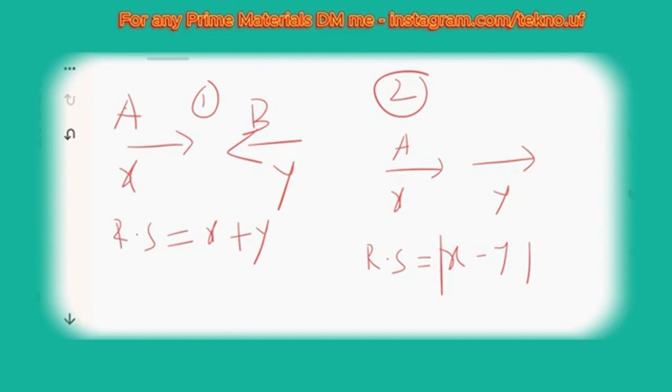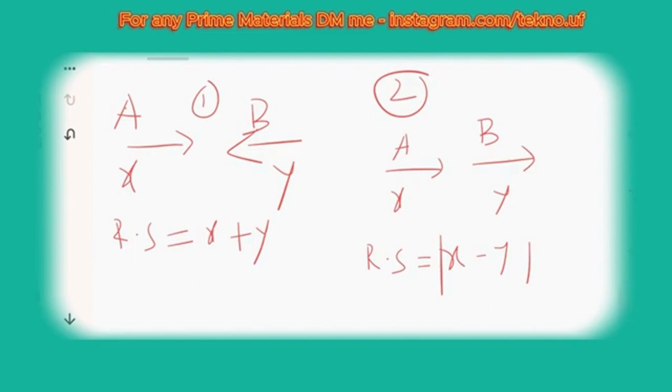There can be a question like: if A and B are running in the same direction, A with x kilometer per hour and B with y kilometer per hour, then when will A cross B? Let's discuss that question particularly.